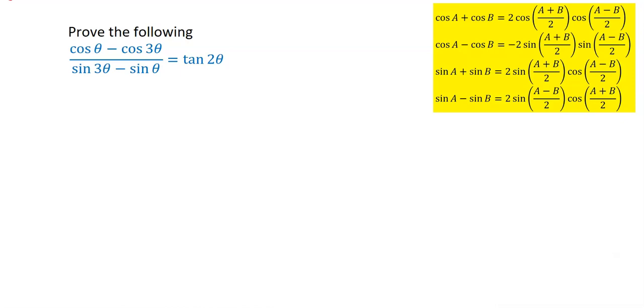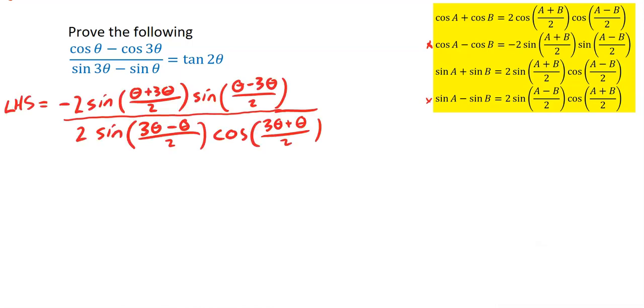So I see two useful identities for me to use here. I can use the cos, the minus one here, and sine, the minus one here, and I can sub in theta and 3 theta respectively. I think that will lead me to this. Just be aware that on the top side, theta was our A value and 3 theta was our B value, whereas on the bottom side, 3 theta was our A value and theta was our B value.